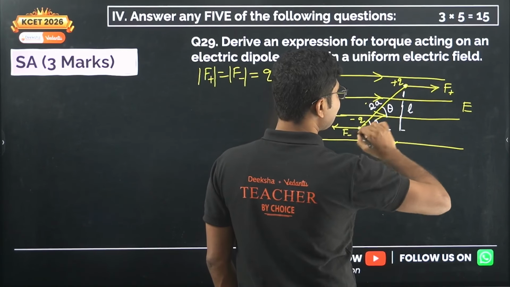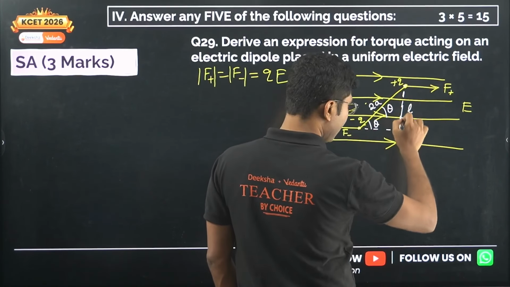So we can say that this is the hypotenuse, this is the perpendicular. Sine theta is perpendicular by hypotenuse, so L divided by 2a is sine theta. So from there you can say that L equals 2a sine theta.